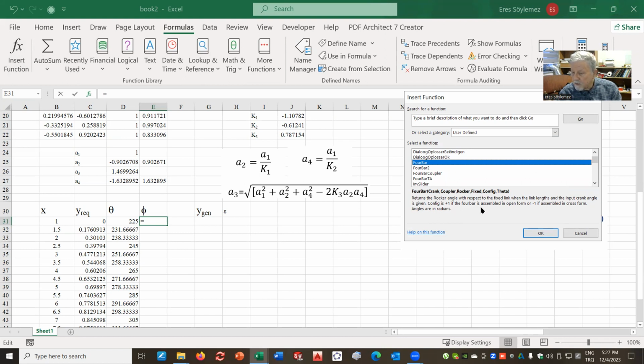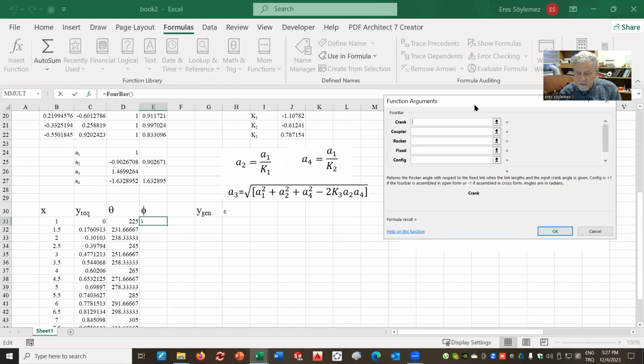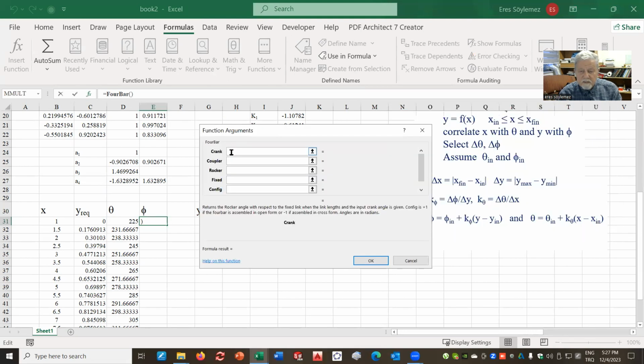Config is equal to 1 if the 4 bar is assembled in open form, or minus 1 if assembled in cross form. Angles are in radians. Okay? Click OK. It asks you, what is the crank length? Notice I'm taking positive values. What is the coupler length? I'm pressing F4 since I want to make those link lengths fixed. What is the rocker length?